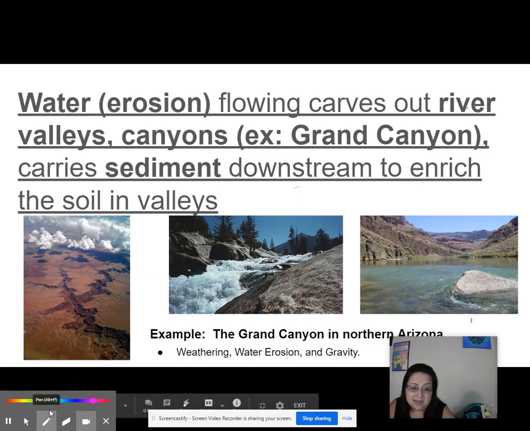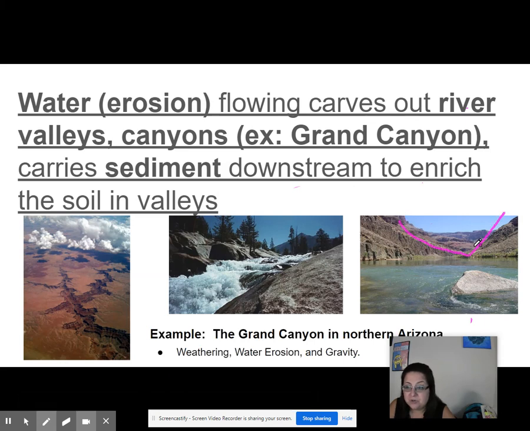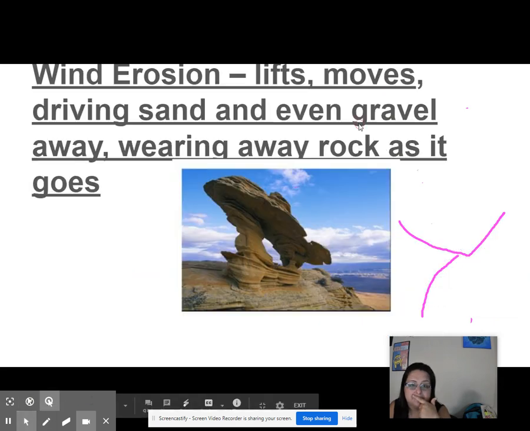On this side, we have a valley that is starting to form because of the river. You are going to notice that there is more fertile soil because it's all of the sediments that are being pushed by the stream and get deposited downstream.